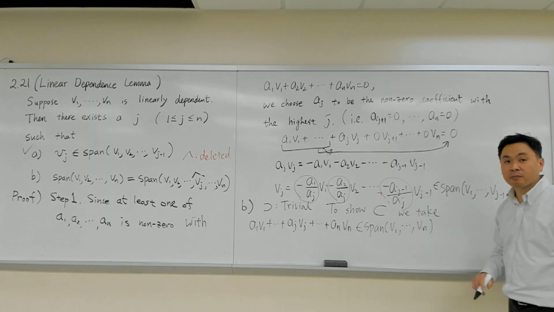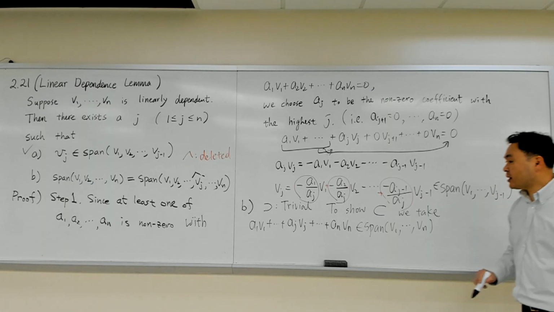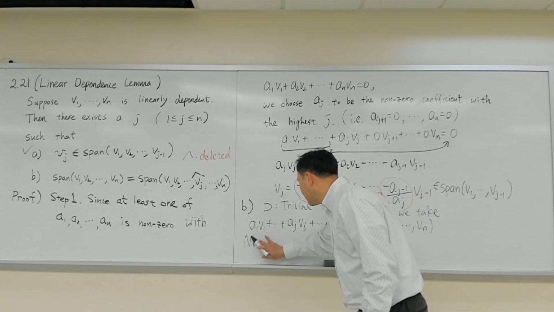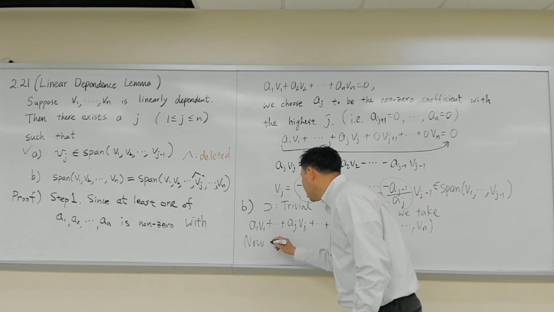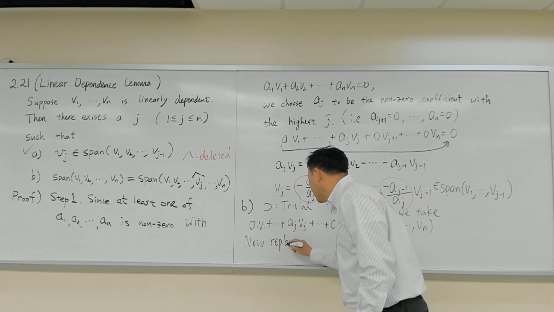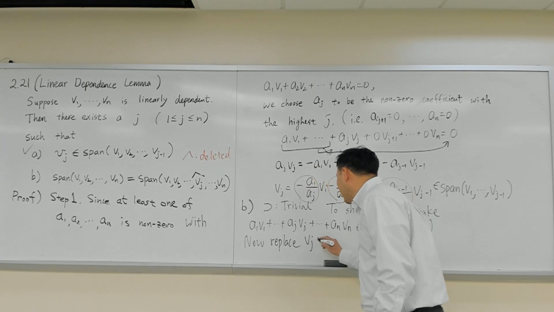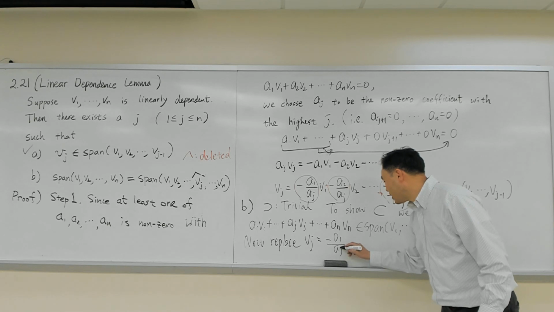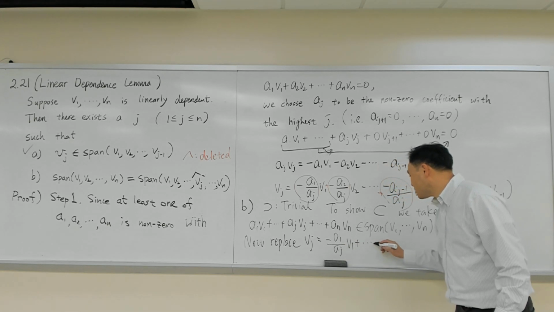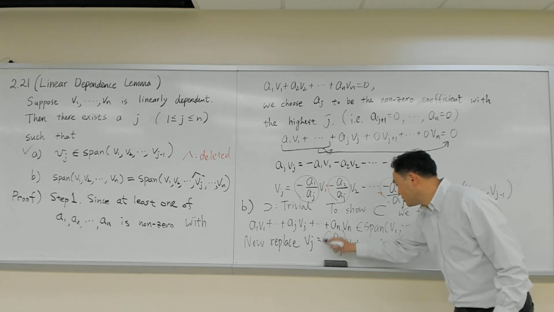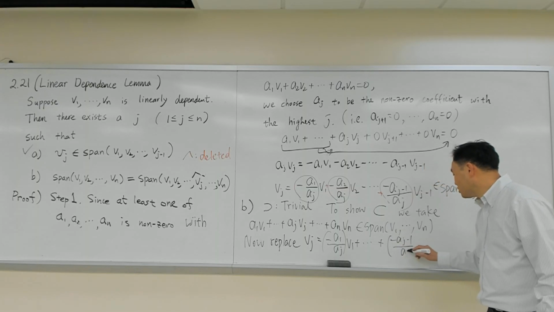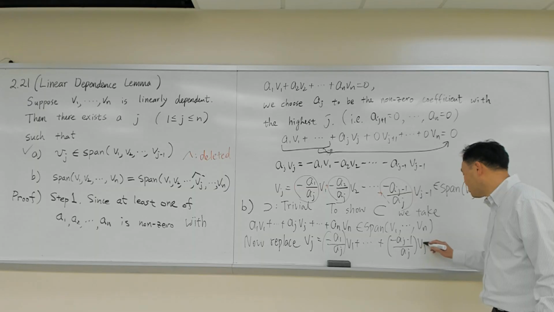But now replace Vj with this, negative A1 over AJ, V1, and so on, plus negative AJ minus 1 over AJ, Vj minus 1.